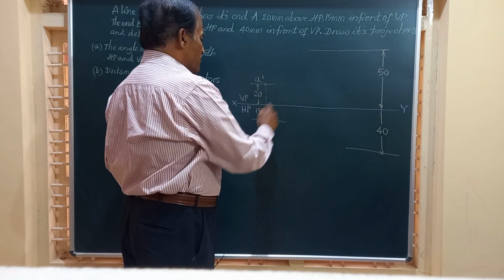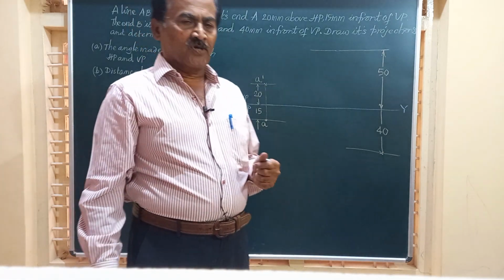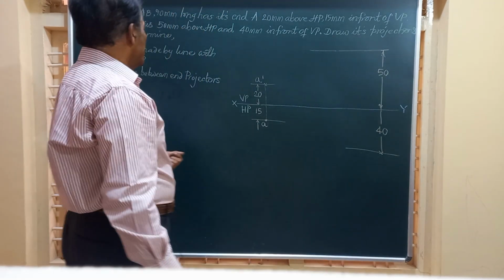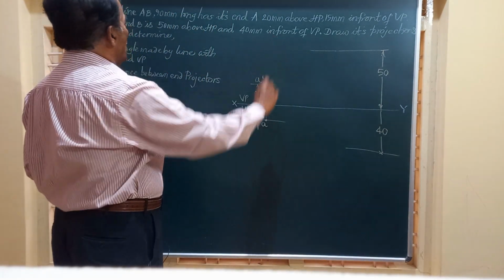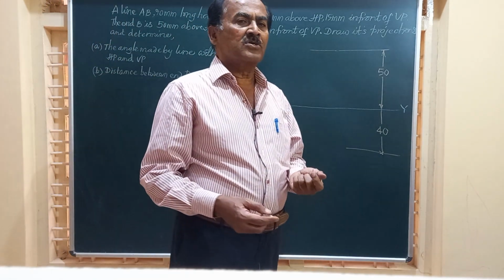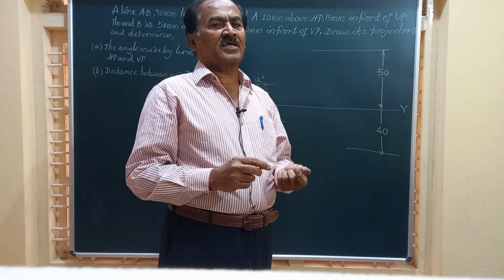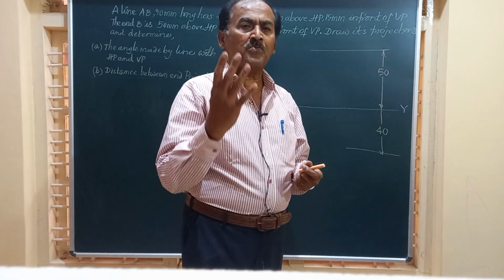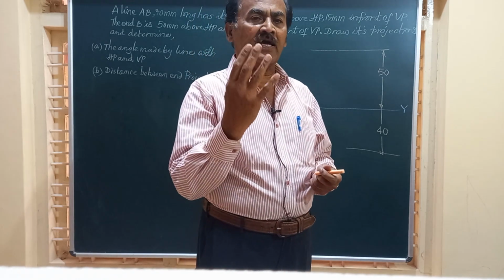Here you have got these two lines which represent the loci of the end B of the line AB. Now friends, we have utilized all the data excepting the true length of the line. So using that true length of the line, we should be able to complete the projections and obtain totally four lines.